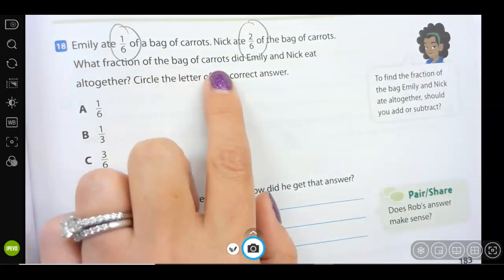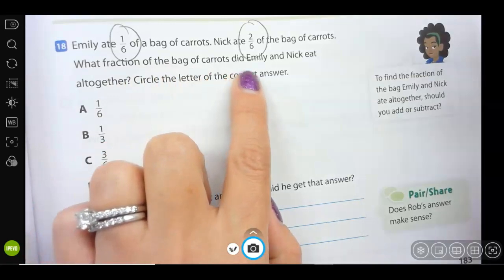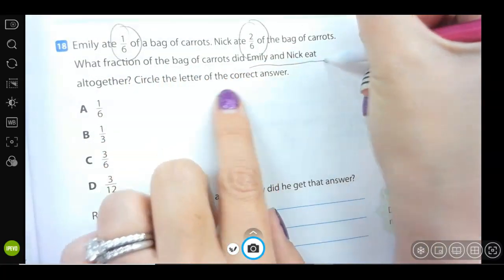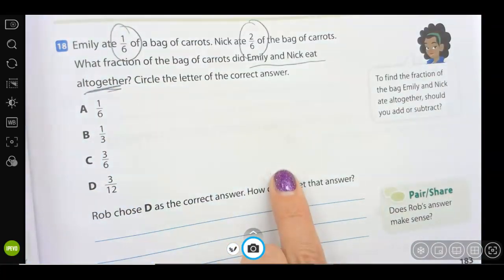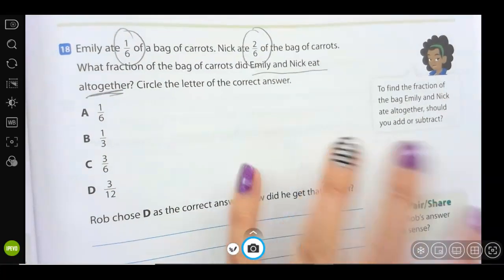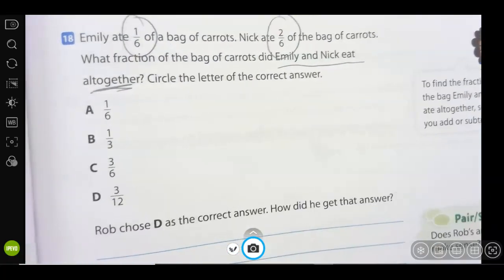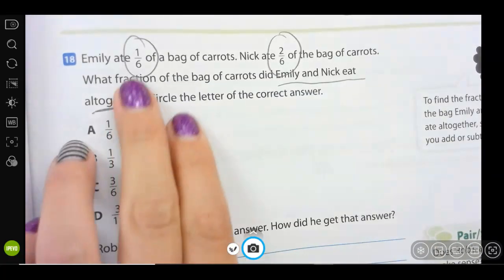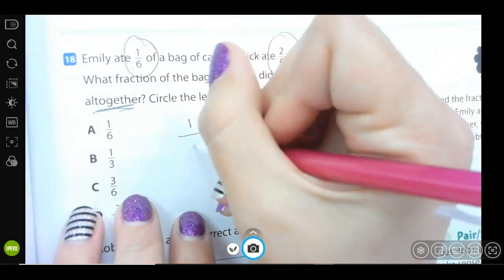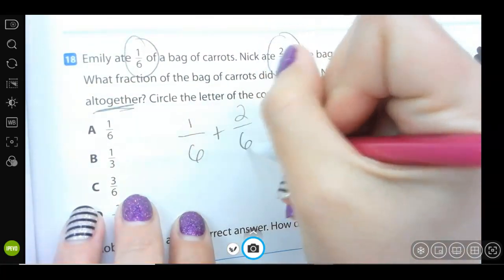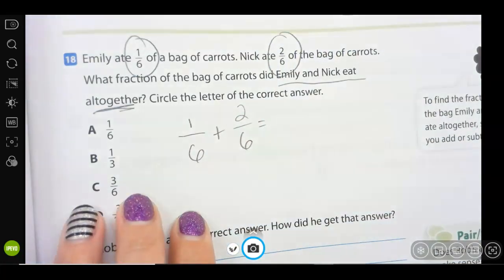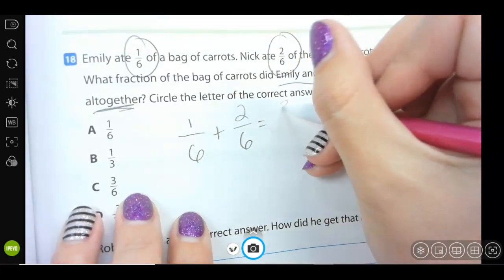What fraction of the bag of carrots did Emily and Nick eat all together? Circle the correct answer. Well, let's figure it out ourselves first. Let's add what they both ate. So we're going to take 1/6 and 2/6, right? What would our answer be?